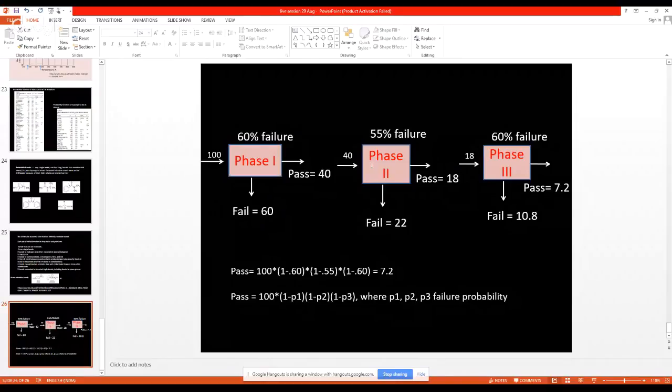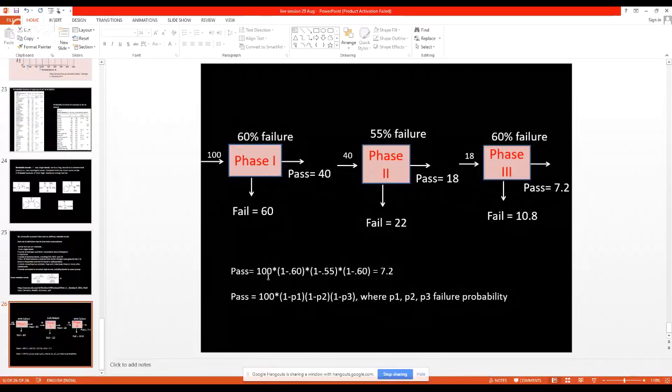Then if there is 55% failure in phase 2, for example, then 40 times 0.55, 22 will fail, so the remaining 18 will pass. Suppose there is a 60% failure in phase 3: 60% of 18 gives you 10.8 failures, 7.2 pass. So with 60% failure in phase 1, 55% in phase 2, and 60% in phase 3, only 7.2 molecules out of 100 will pass through.